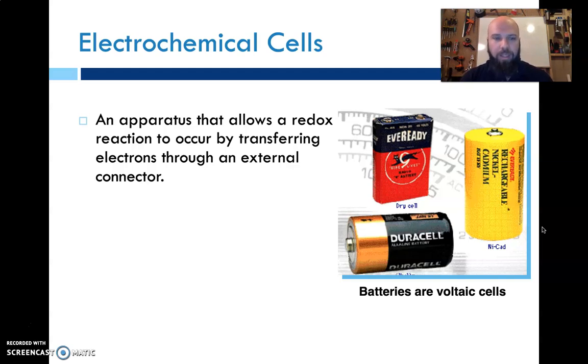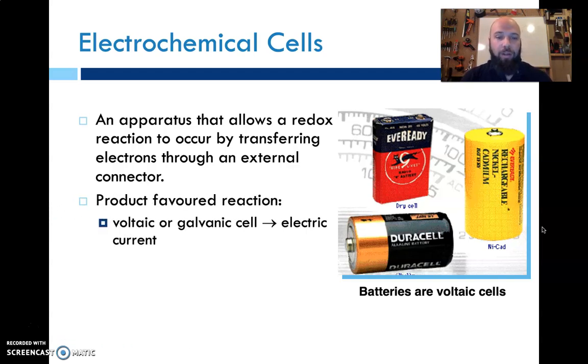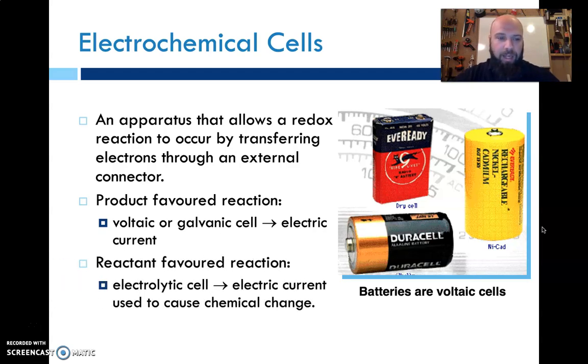Batteries are cells. Voltaic or galvanic cells are cells that are spontaneous, and thus the products are favored. And an electrolytic cell is a reactant favored cell, which is not spontaneous, and you actually use an electric charge to force the reaction in the reverse direction.